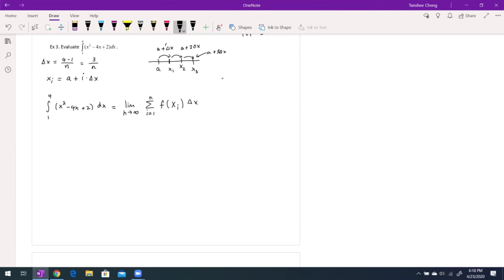And as it changes, we are talking about the first, second, third, so on and so forth, those rectangle increments. So therefore, for this one, this will become my a is 1 plus my i times my delta x is 3 over n.